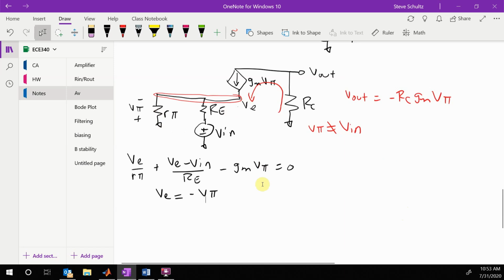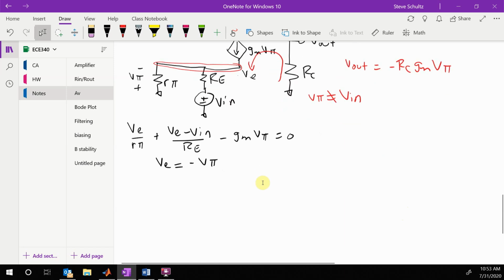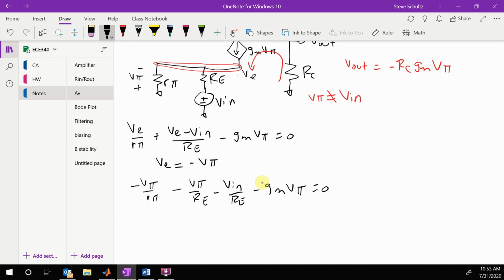So I can just plug that straight in, and so then I have minus V pi over R pi minus V pi over RE minus Vin over RE minus GM V pi equals 0.